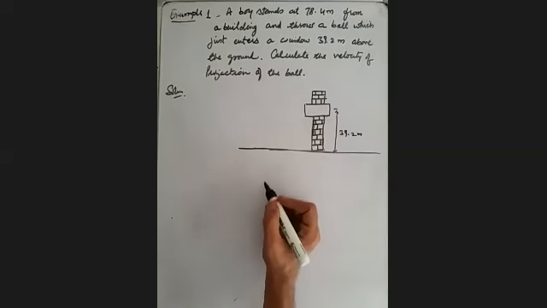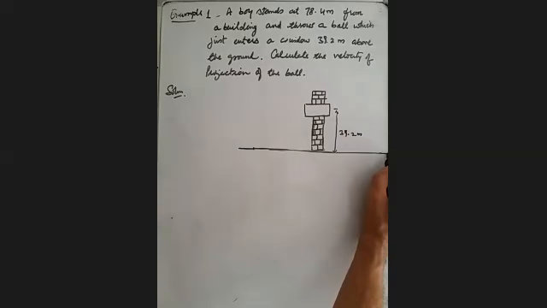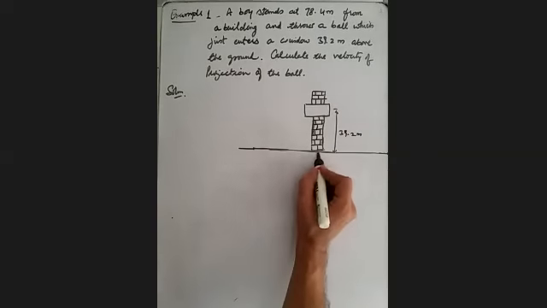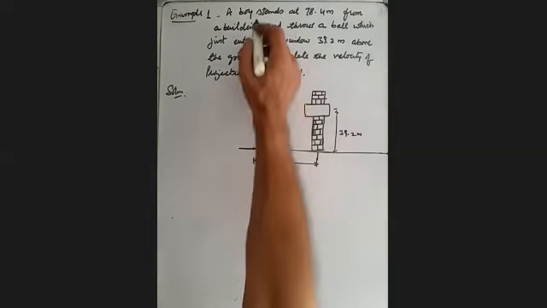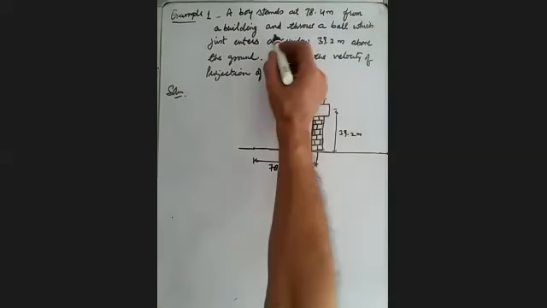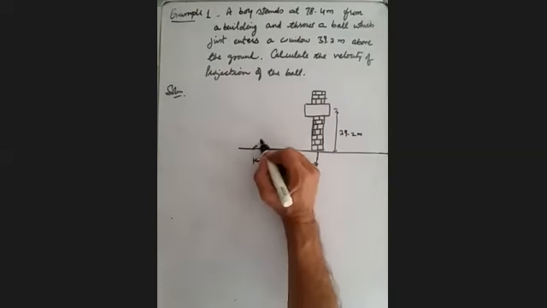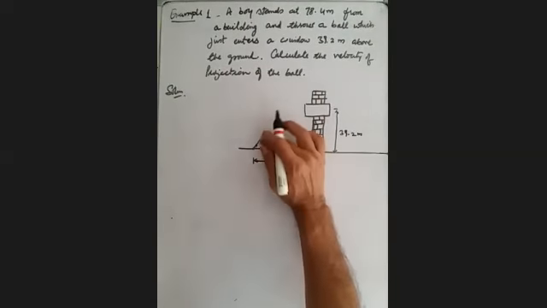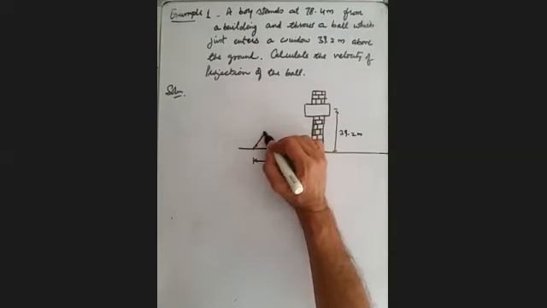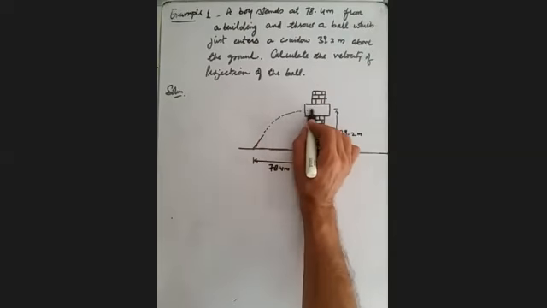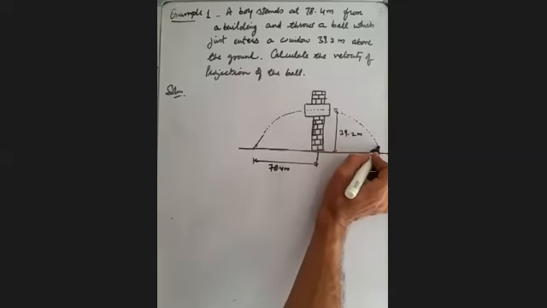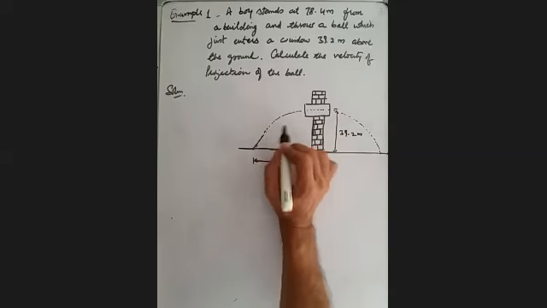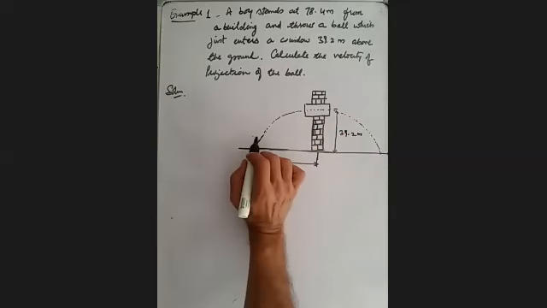And suppose this is the position from where he throws the ball. So the distance of this position from the building is 78.4 meter. The boy stands at 78.4 meter from the building, and he throws a ball which just enters the building, and it will be moving along this path. So when he throws the ball like this, it is moving along this path.